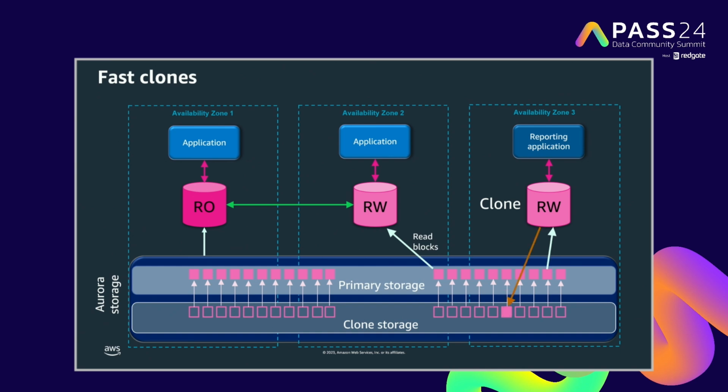Let's assume that you want to update the data on a table which is on this particular page. Then it copies that page from the primary storage to clone storage, and it modifies the page over here, so that you have your updated data on your clone storage. This process is called the copy on write protocol. That means it only copies the data as and when you write any page on primary or secondary.